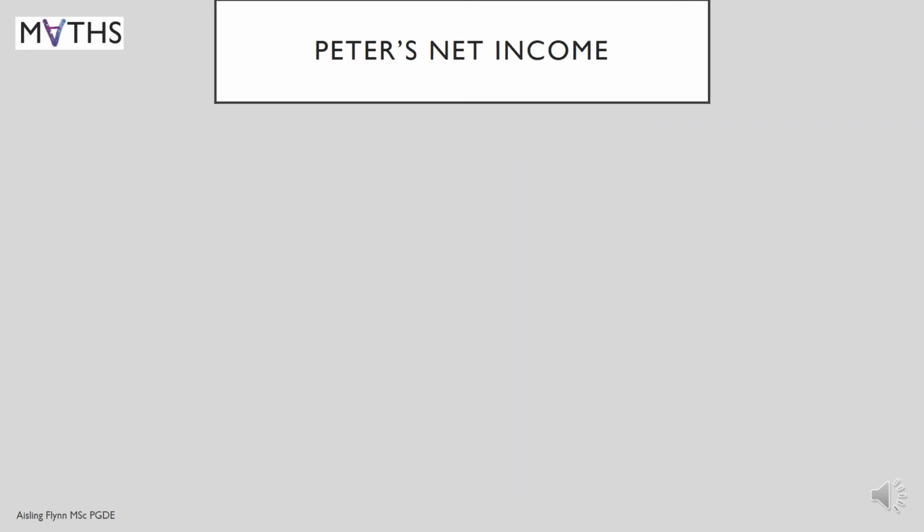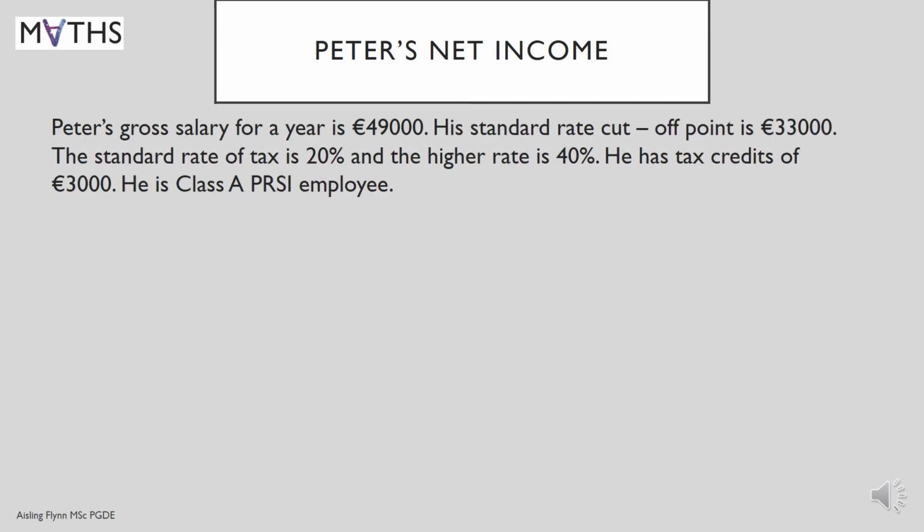So what remains is to calculate Peter's net income. We've used all the information in the question, tax credits, etc. We just have to start with his gross income, which was 49,000, and subtract each of the deductions. The first one was 10,000, and that was PAYE. The second one was USC, that was €1,507.65.